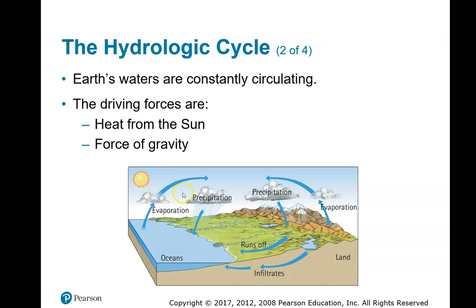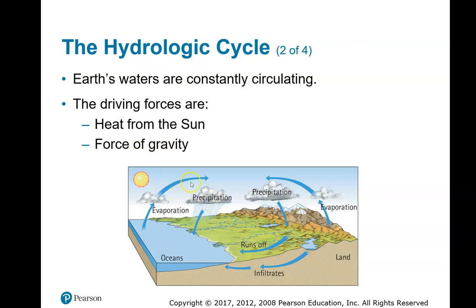It can go and form clouds. There's another chapter that we're going to cover a little bit later on about clouds in particular, but we'll get there later. And so the heat from the sun is one of the driving forces of this water cycle.